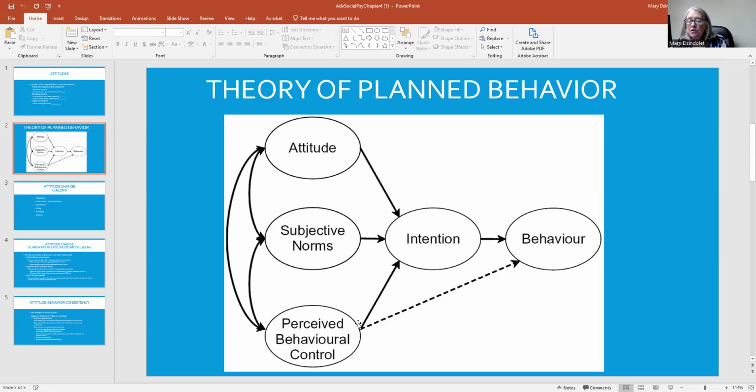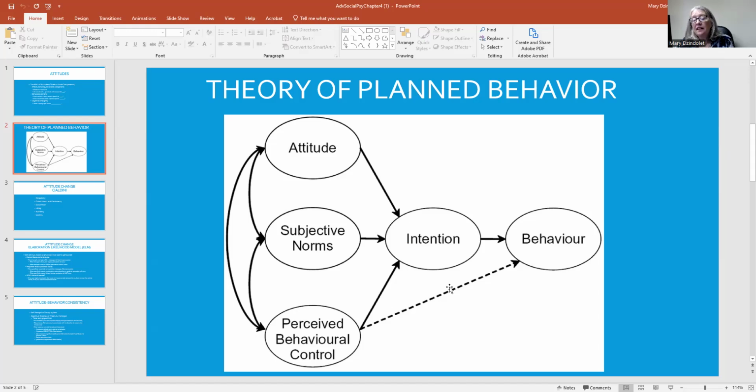Now, you might be wondering where this dotted line comes from. In Ajzen and Fishbein's original theory, this dotted line was not there, okay? But the research is clear that perceived behavioral control actually has a direct effect on behavior, not just an effect through intention, or through subjective norms and intention, or through attitudes and intention and behavior.